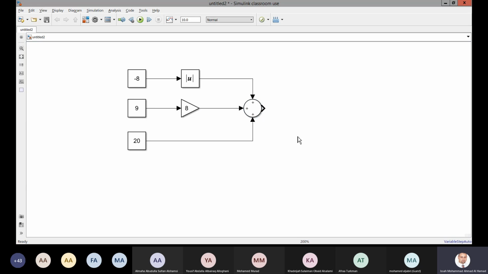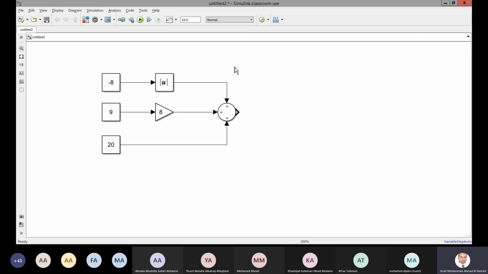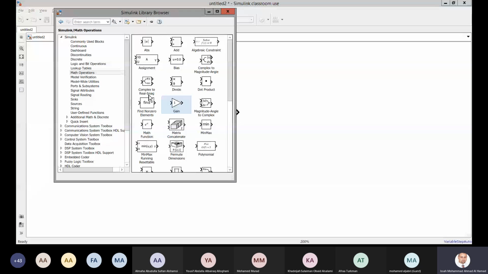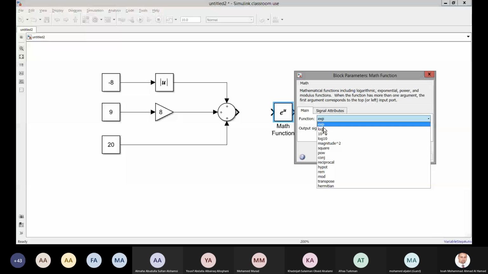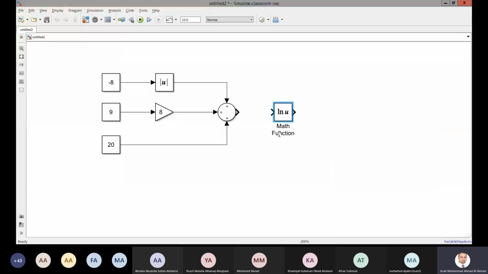And I need to take the log for this value here, so I can add a mathematical operation and select the log.